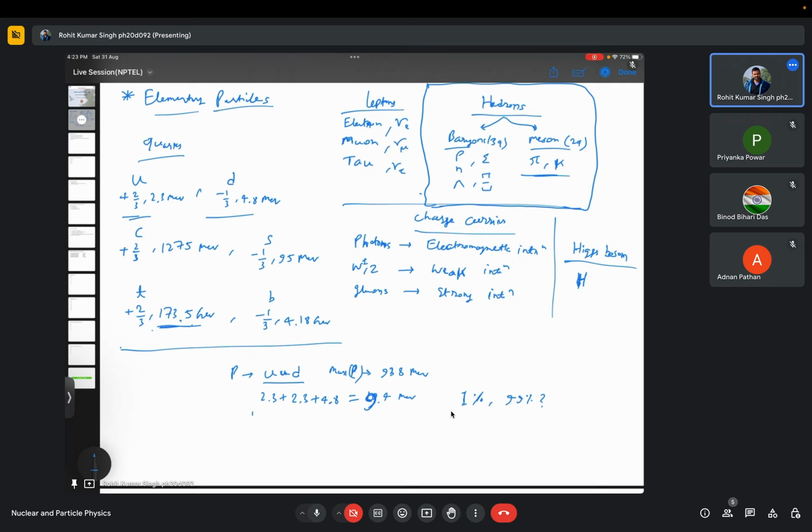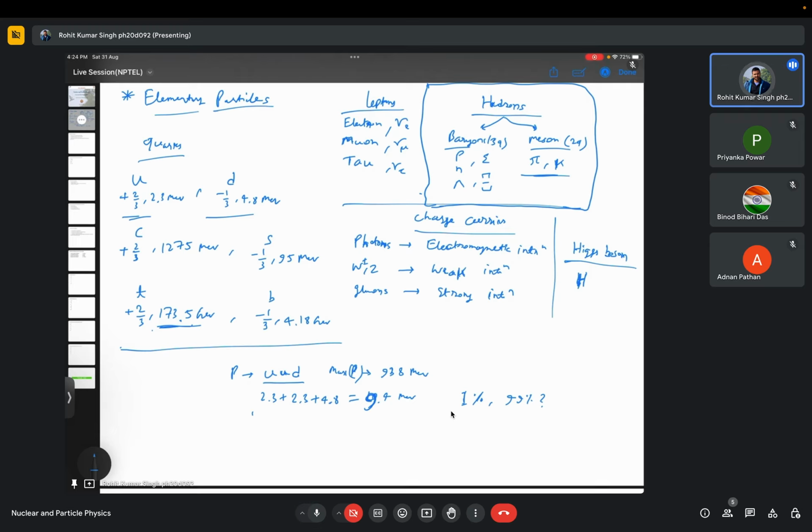So you know that the proton consists of these three quarks, and the quarks interact through gluons, right? The strong interaction particles. So inside a proton there is a sea of gluons, and there is a theory called quark confinement. This confinement basically adds up to the energy, like a binding energy kind of thing.